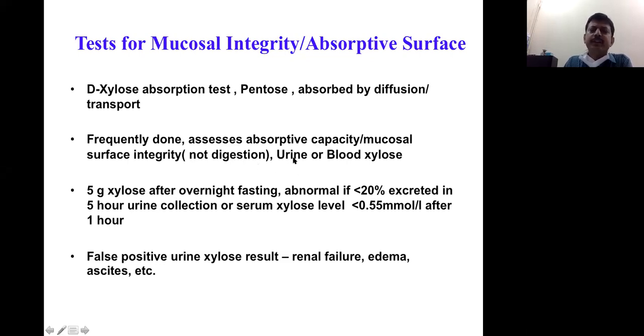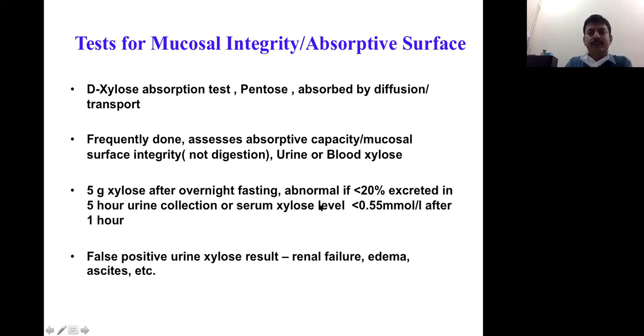The urine test is the one we do very frequently because it's easier to do and doesn't involve any blood collection. But there are certain situations where we may have to do a blood xylose. Essentially, we are giving the patient xylose, and if the absorptive surface area is good, then xylose gets into the bloodstream. If there is a problem, you won't have enough in the blood.